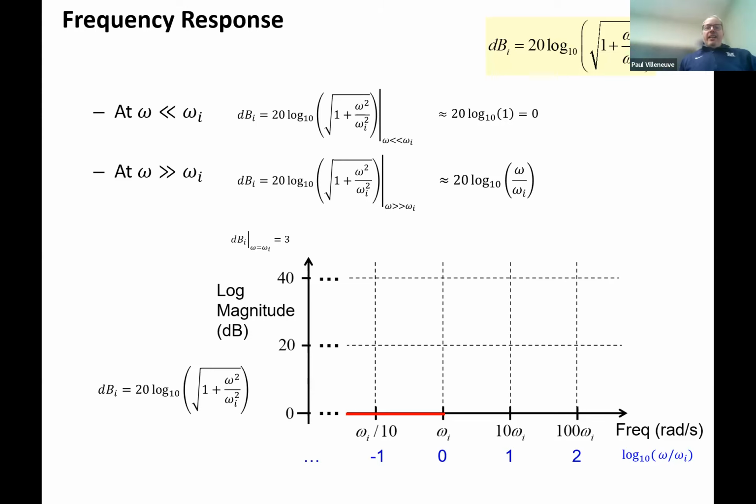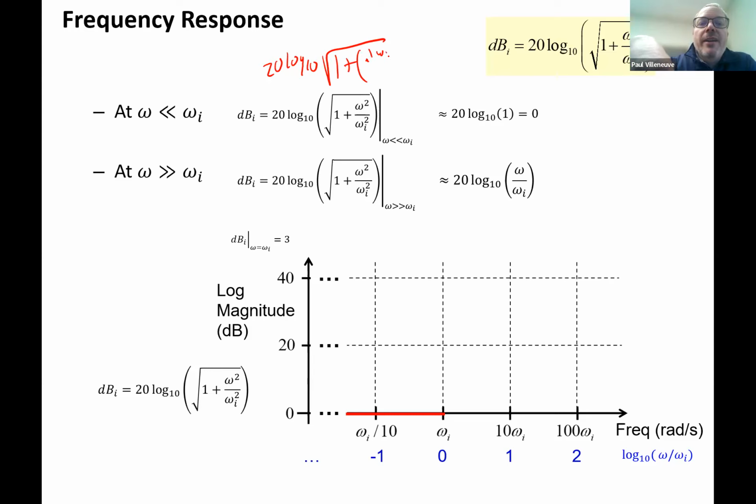So if we do a decade over here, we'll plug in the number: 20 log 10, what's a decade below? Or multiplied by 0.1?